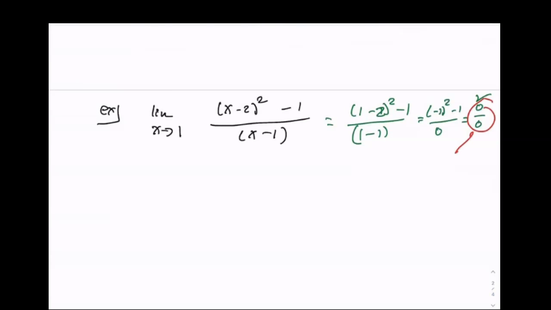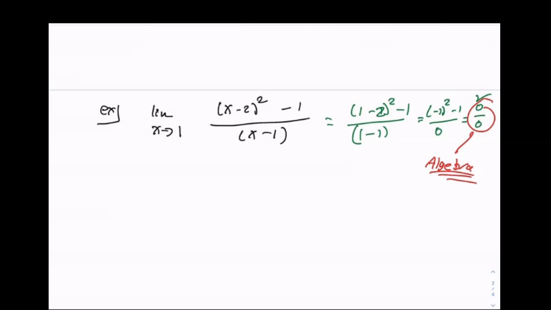Who's going to be my best friend on this problem? Algebra. Exactly. My good friend algebra. You'll see that happen quite a bit. I just have to do algebra.